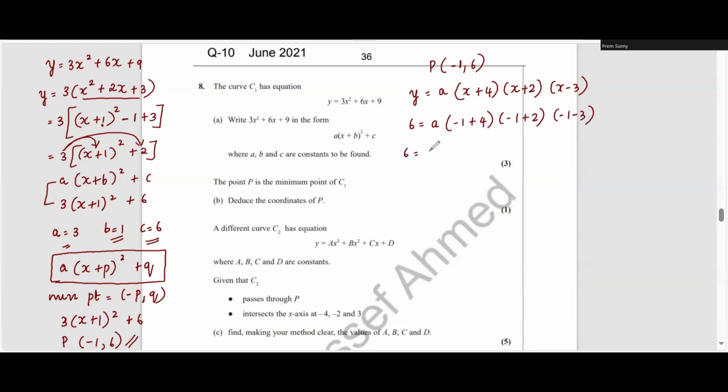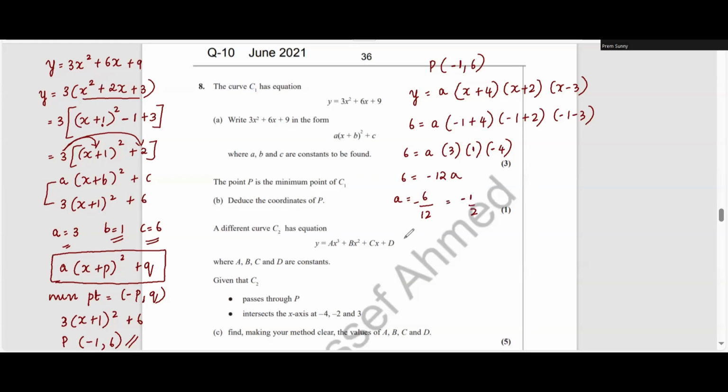So this is equal to 6 is equal to a into 4 minus 1, that is 3, 2 minus 1, that is 1, and -1 minus 3, minus 4. So 3 into -4 is basically -12. So 6 is equal to a into -12 or -12a. A is equal to 6 over minus 12, that is minus 1 over 2.